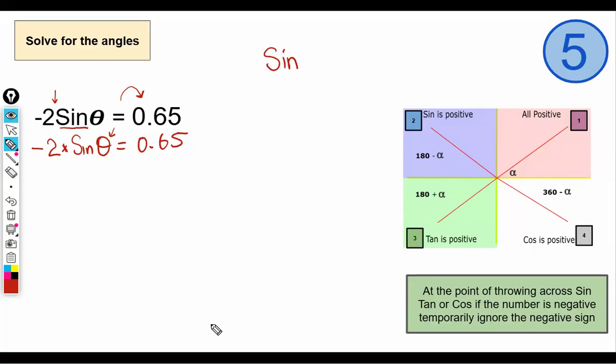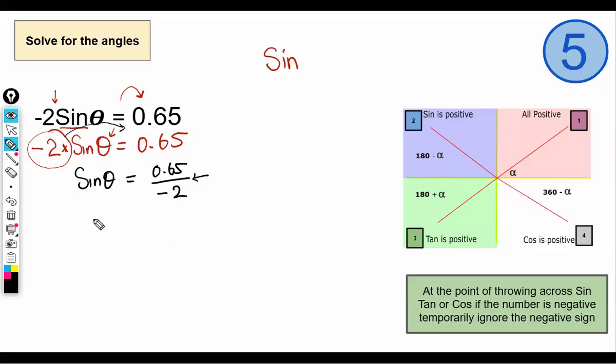Not the sine. We have to throw across Mr. Minus 2. And by now we know when you throw across a multiply, you just get a divide. So you get 0.65 divided by minus 2. Remember, when you throw across a multiply, it becomes a divide, but the sign does not change. Basic algebra.